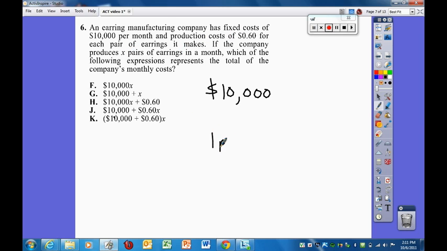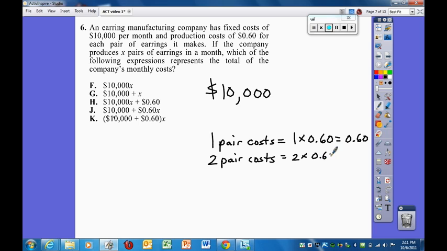So one pair of earrings is going to cost one pair times 60 cents, or 60 cents. 2 pairs are going to cost 2 times 60 cents, or $1.20. And so on, so on.